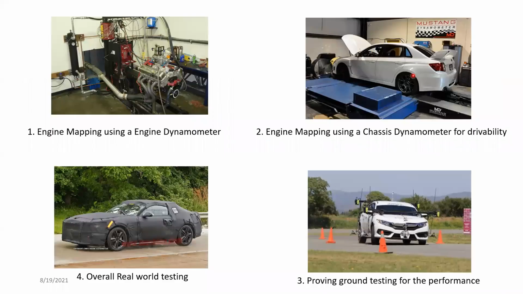Now the step by step way the vehicle engine is developed. First thing, as I told you earlier, is mapping the engine, finding out the values and mapping the engine using a dynamometer, right? Afterwards, that particular engine is fitted into a car.